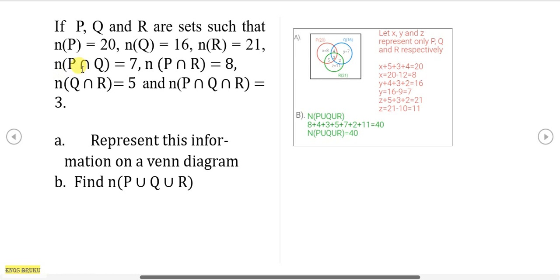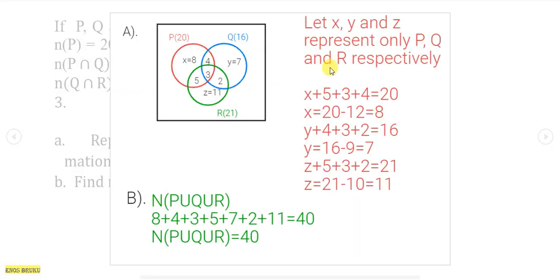Okay, so P intersection Q means when you take your diagram, where this red circle, which is P, and then the blue circle, which is Q, where they cut each other, the space they create, that is what we call P intersection Q. This space over here, from the top to the bottom, is where you can find your P intersection Q. Good. By then we have the three intersections here, which is 3.